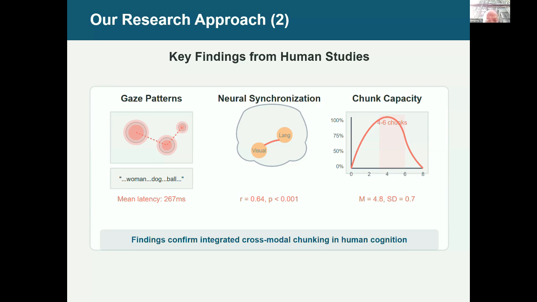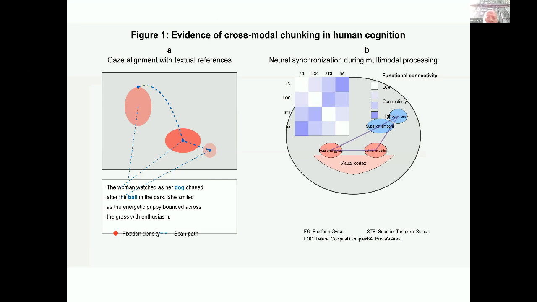These findings align with established chunking theories when extending them to the multimodal domain. So from figure 1, we show some evidence of cross-modal chunking in human cognition.